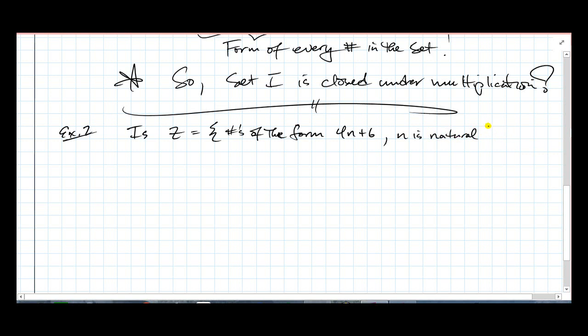N is natural here, so there's your set Z. Here's the form. Let's highlight it right here. There's your form. Where n is natural. Is this set closed under multiplication?